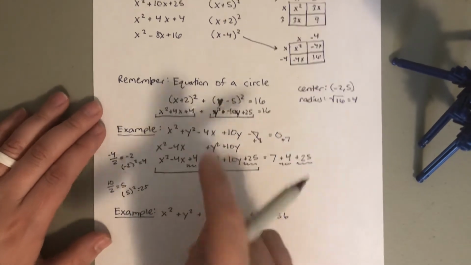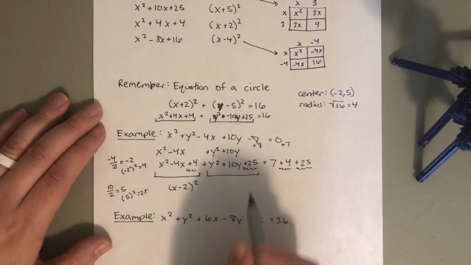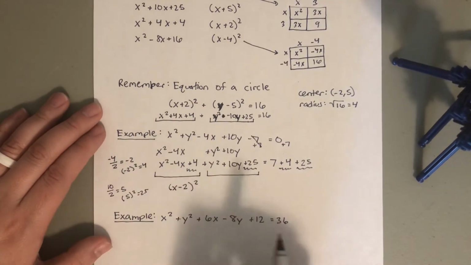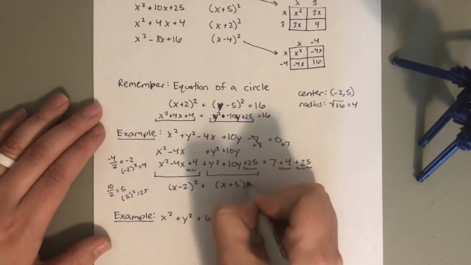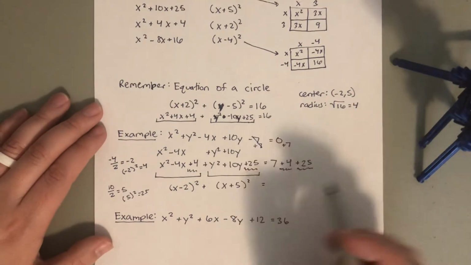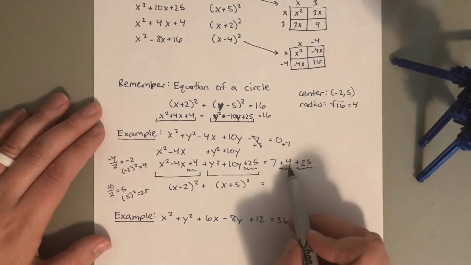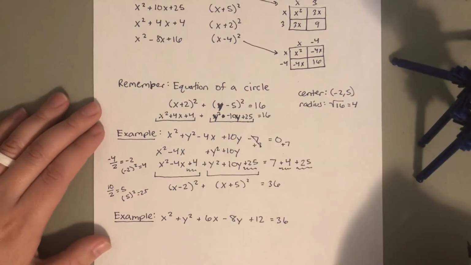This one, fitting with this pattern up here, turns into x minus 2 squared. Remember, this number is always just half of that. Plus, and this is going to turn into y plus 5 squared, equals 7 plus 4 is 11 plus 25 is 36.